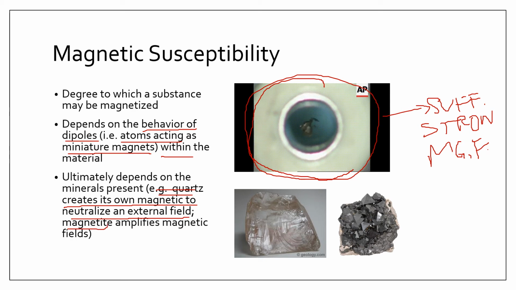Now, the story is different when you are talking about magnetite. Magnetite can amplify magnetic fields. Even if you introduce a little magnetic field to magnetite, it can disproportionately amplify that external magnetic field.